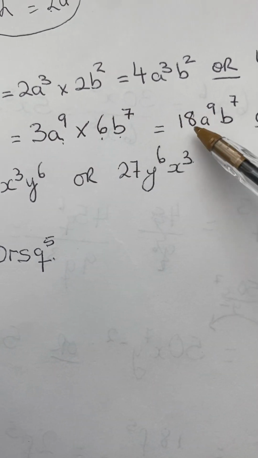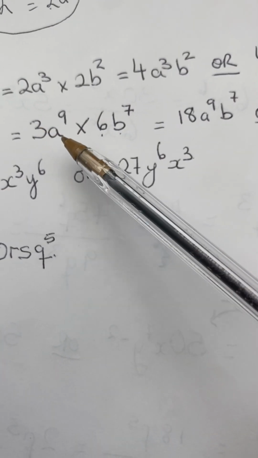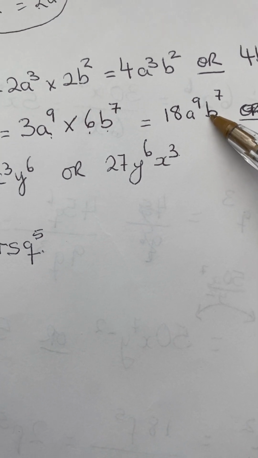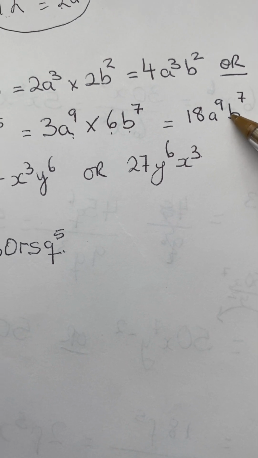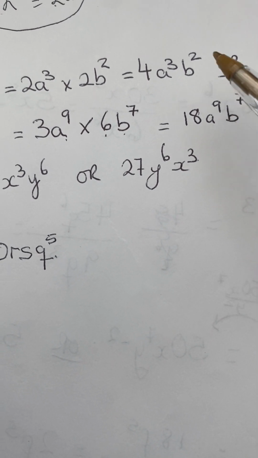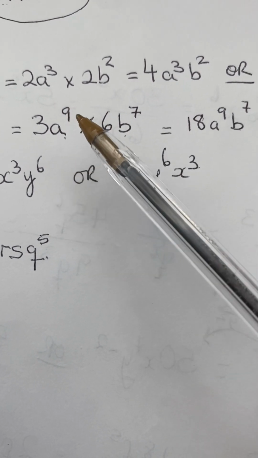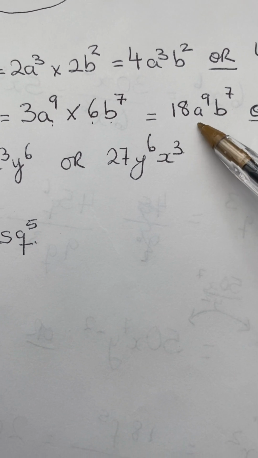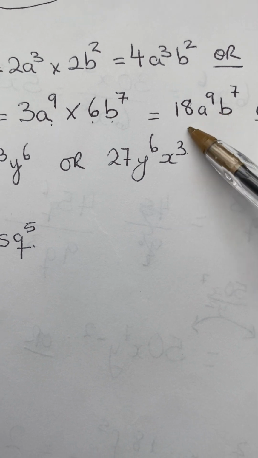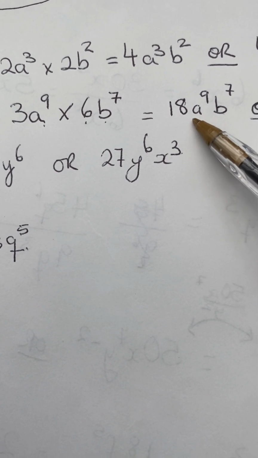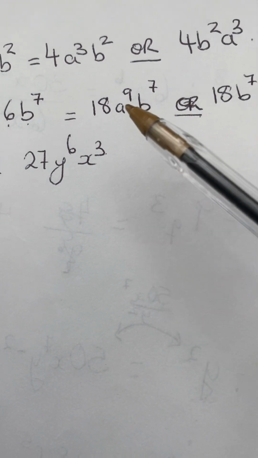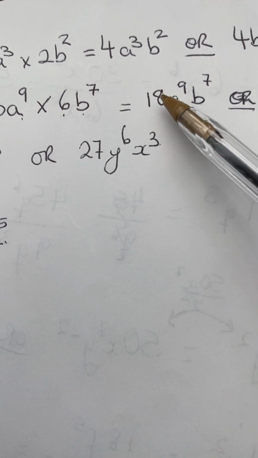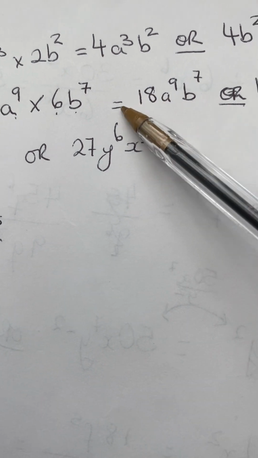3 times 6 is 18. A to the power 9, B to the power 7. If you are multiplying, I keep on stressing, if you are multiplying. Okay, if we were adding, we'll just leave it as it is. But if you're multiplying, it's like multiplying 2 times 3 or 3 times 2. So here is 18a to the power 9 if you multiply 3 by 6, and then b to the power 7.